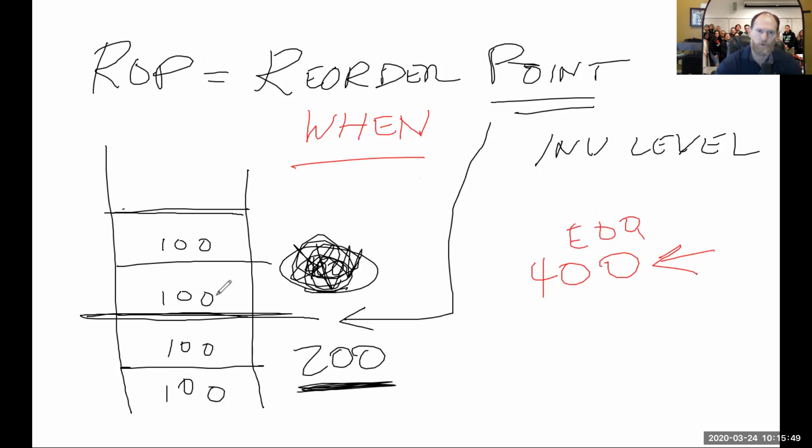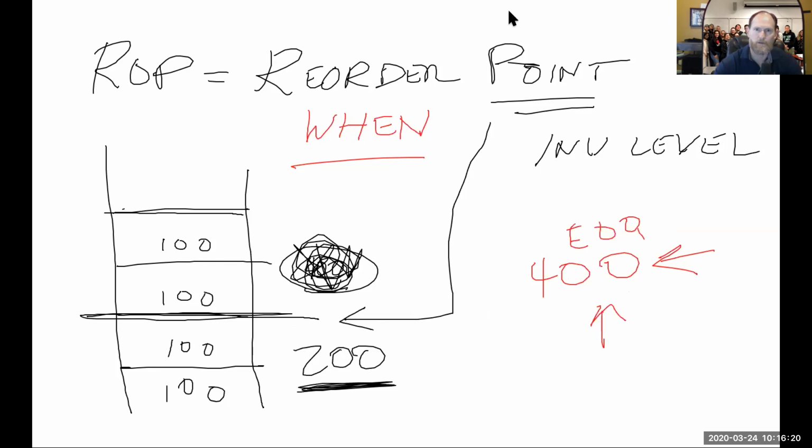So it's an inventory level. When I hit 200, I'm going to reorder. And just for the assumption of this model, I'm going to reorder 400 when I hit that level of 200. If I'm at 300, I'm not going to reorder yet. If I'm at 250, I'm not going to reorder yet. If I'm at 220, I'm not going to reorder yet. If I'm at 200, I'm going to reorder, and I'm going to reorder 400 every time. I'm not going to order 300 one time, 330 another time, 400 every time.